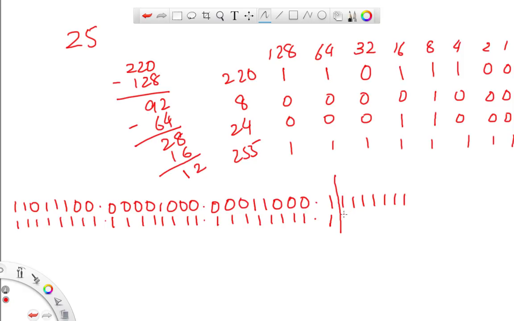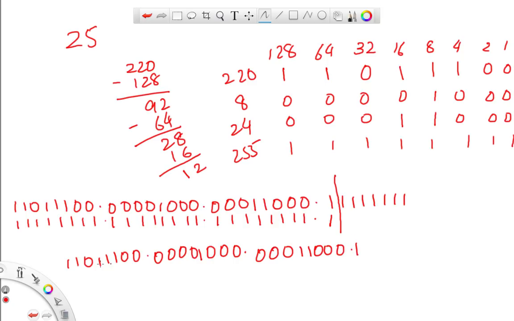Now, if we want to know the first address in this network, you're going to have to take the network bits, okay, like this. So this is your network part. The first address will be, all the host bits will be 0.